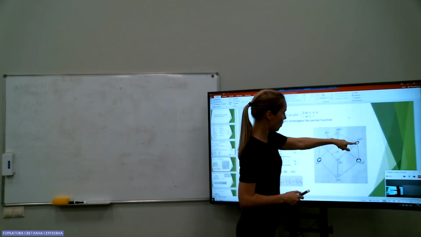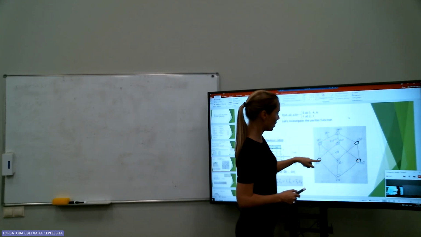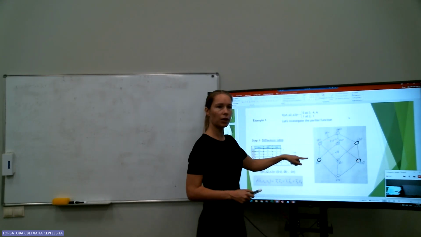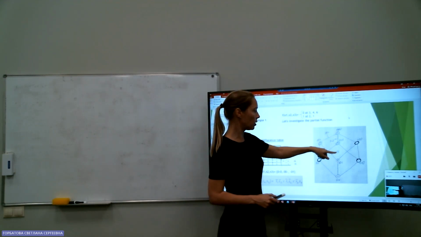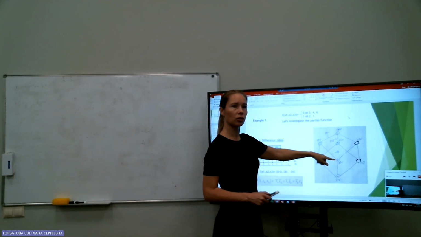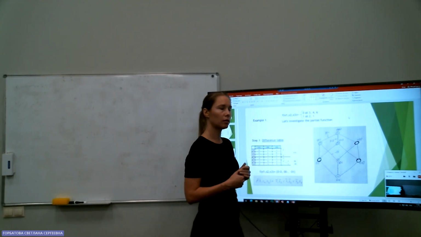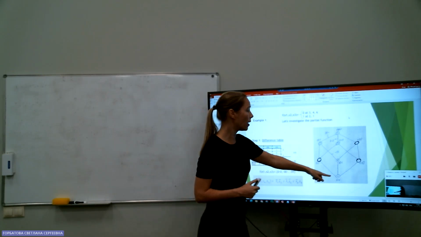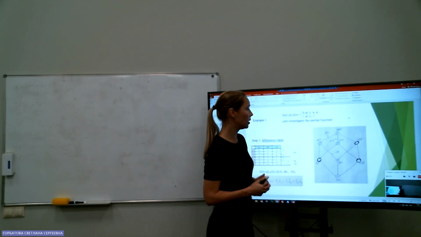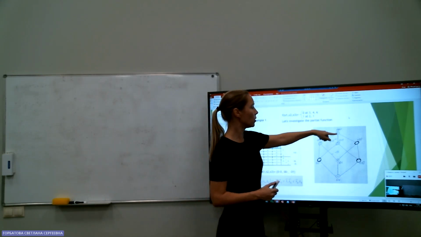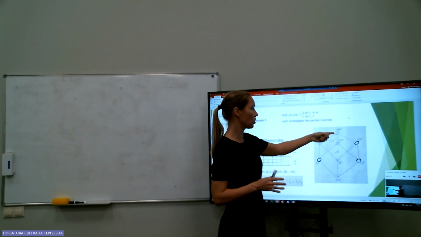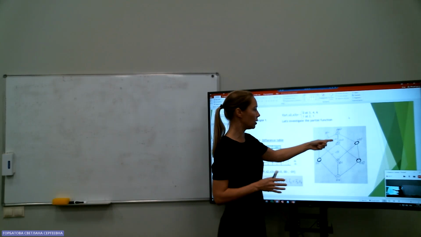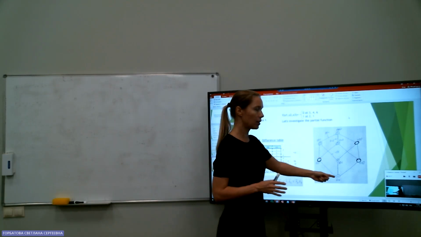And these are points where it doesn't matter what its function is, 0, 5, and 7. So we don't know the result of the function at point 0, 5, and 7.